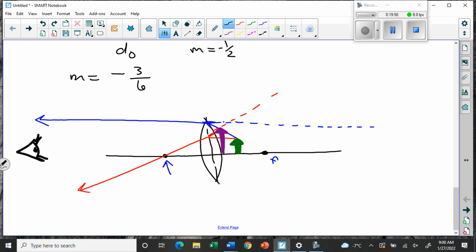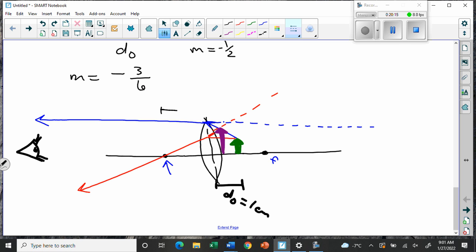So what will happen then if we start using our numbers? Well, let's say that we place the object, so DO, it can't be very far. Let's say it's 1 centimeter. And let's say that our focal length is 3 centimeters. So let me just put that over somewhere.